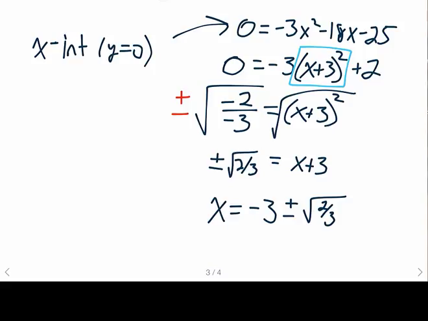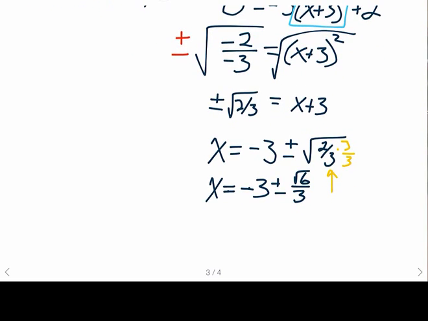It's not okay as far as writing an answer, because now we have an unrationalized denominator. So I'm going to multiply by 3 over 3 inside the radical, and we end up with x equals negative 3 plus or minus the square root of 6 over 3.